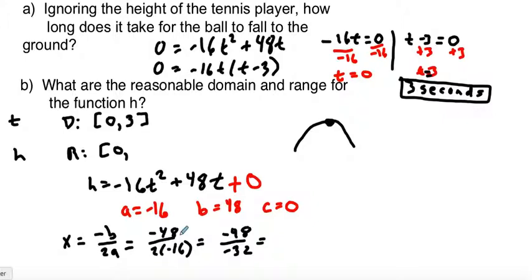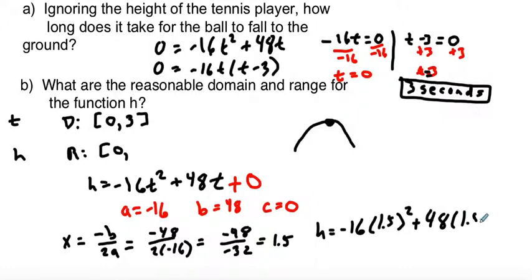So t ends up being 1.5. Right? So now we're going to plug it back into the function. So it's h equals negative 16 times 1.5 squared, and then plus 48 times 1.5.